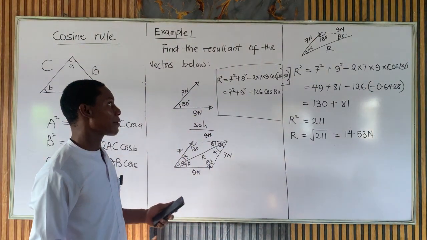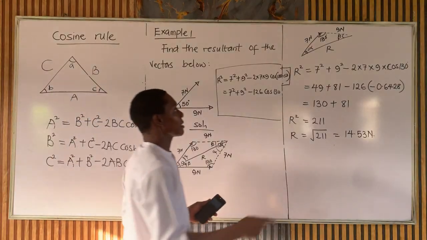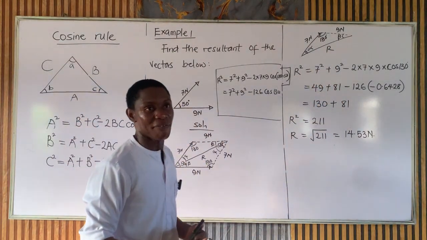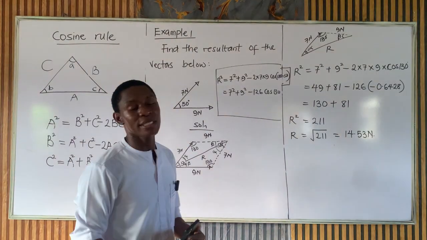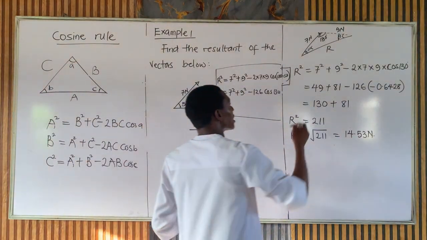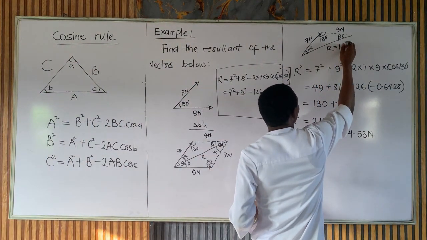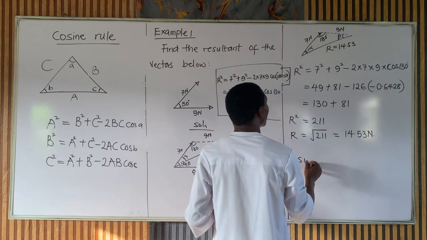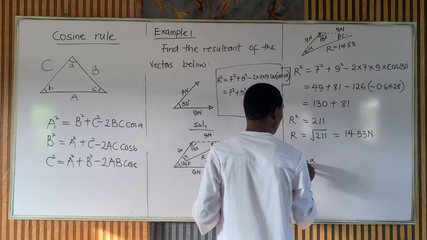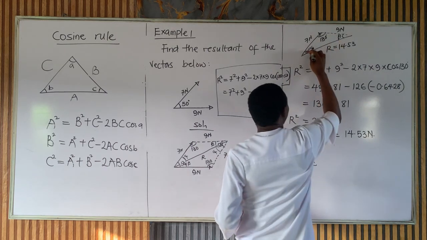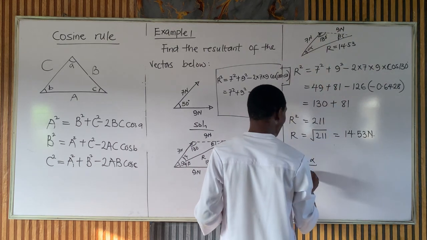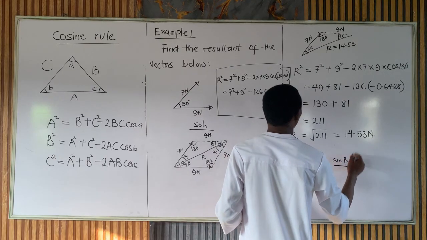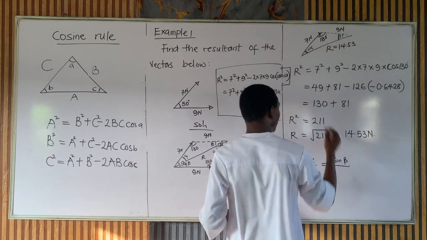We're not required to get this alpha and beta, but if you also want to get the alpha and beta, then you have to use the sine rule. Now you've gotten your r, and your r is 14.53. You can now say sine alpha over 9, the side opposite to it, is equal to sine beta over 7.